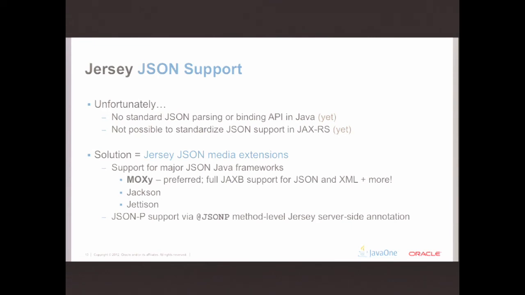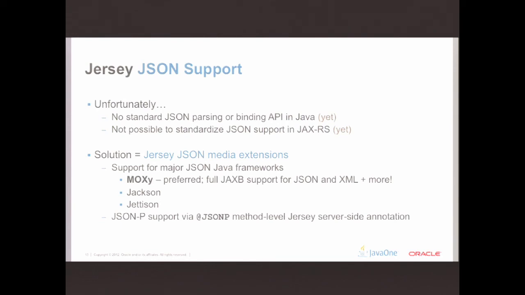But hopefully, let's hope it's going to happen. Still, the problem is that in the JAX-RS specification, we are releasing earlier than JSON-P, and that's why we are not able to have a hard dependency on a JSON API, even not on the JSON parser API, even if we are going to be part of the same EE platform version.